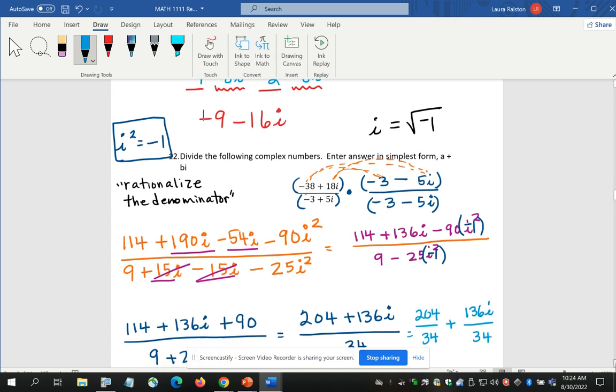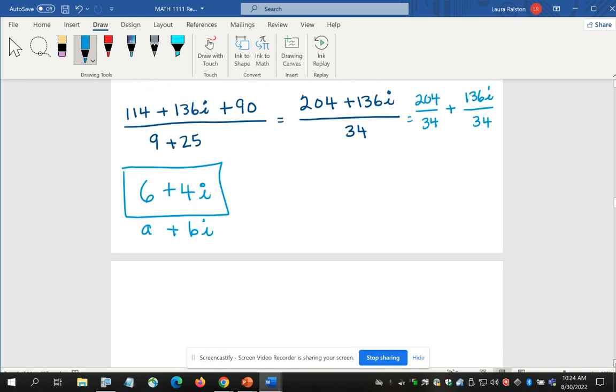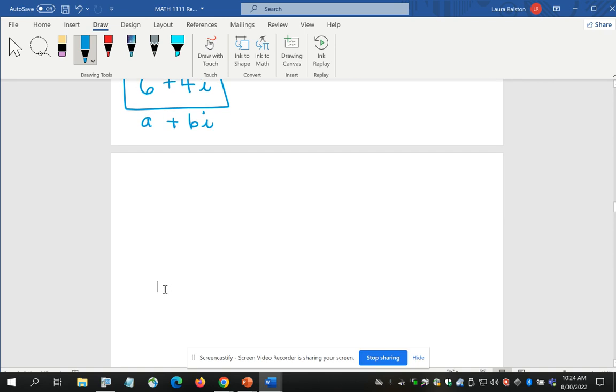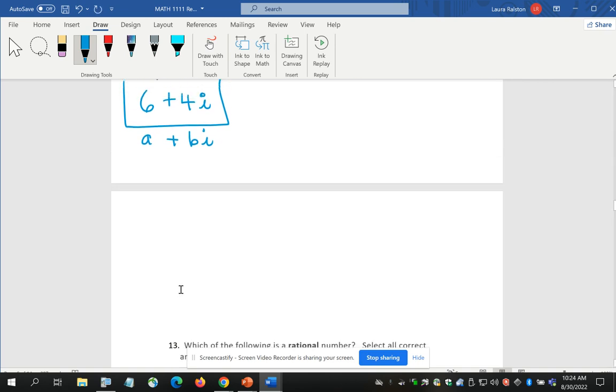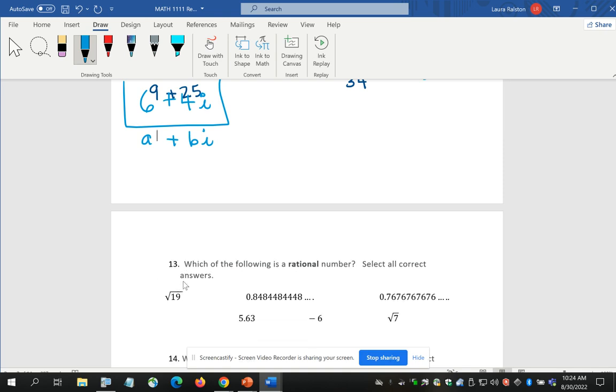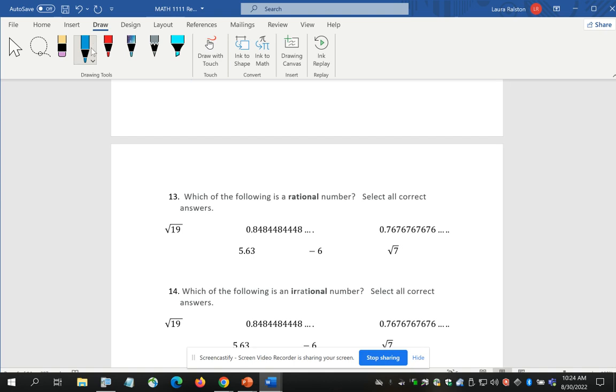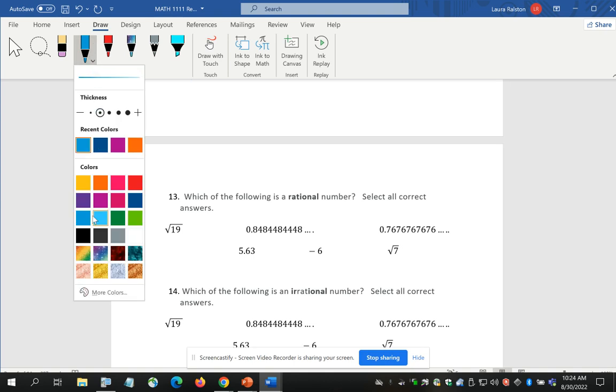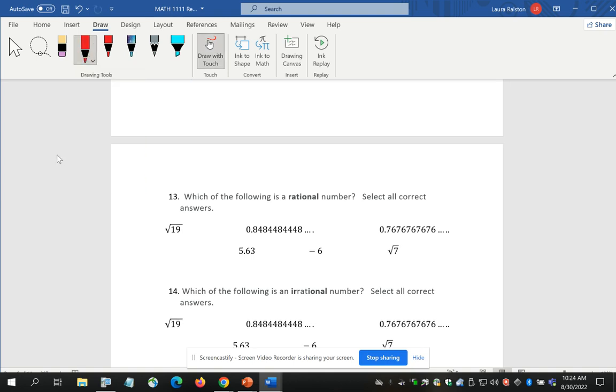All right, question 13, I believe is where we are. Let's see. Yep. It says, which of the following is a rational number? Okay, this one just really requires you to remember or recall what a rational number is. Rational means that it can be written as a fraction.